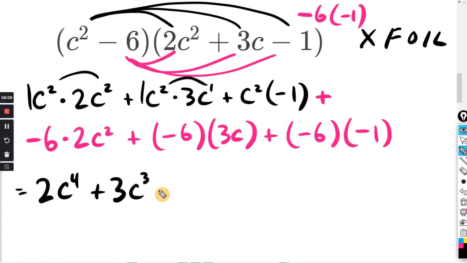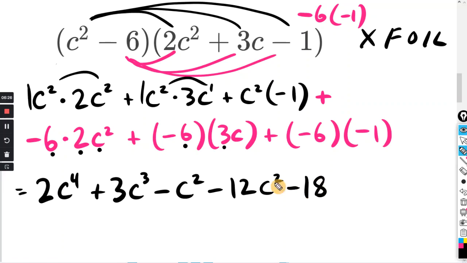C squared times negative 1 is negative c squared, plus negative 6 times 2 is negative 12, and we still have c squared. Negative 6 times 3 is negative 18, and we still have c. And finally, negative 6 times negative 1 is positive 6.